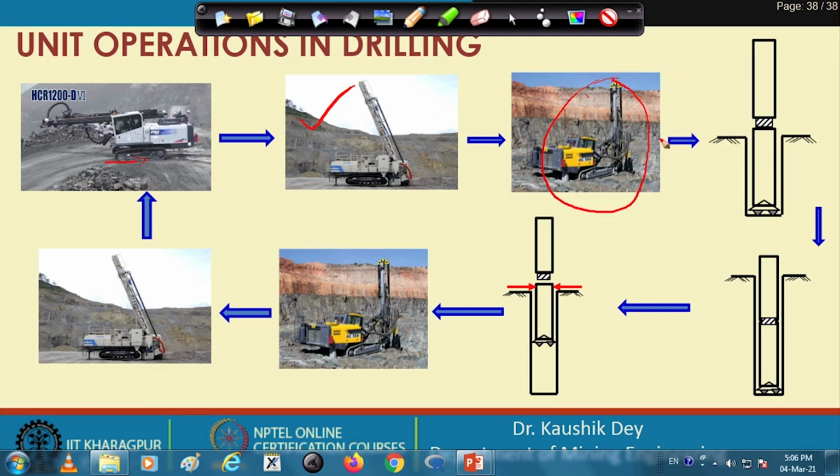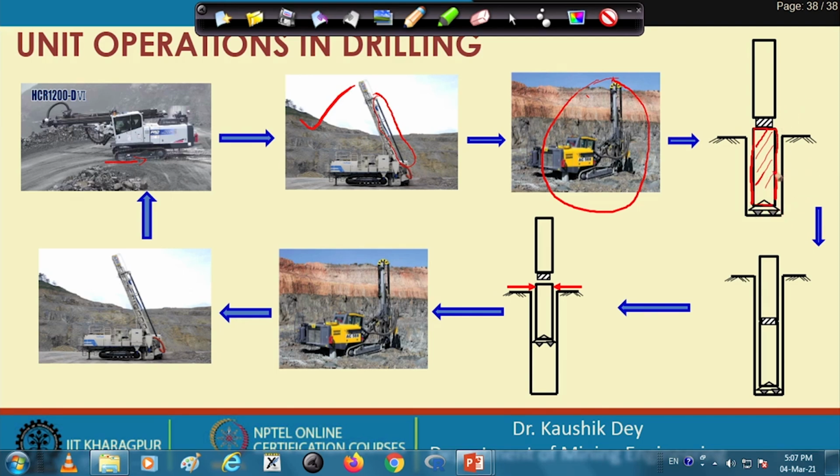Now, when the drilling is started, what will happen in the next phase? Suppose one drill length, that means this rod, is completely inserted in the hole. This is the first rod, and this is the drill bit placed at the mouth of the first rod.